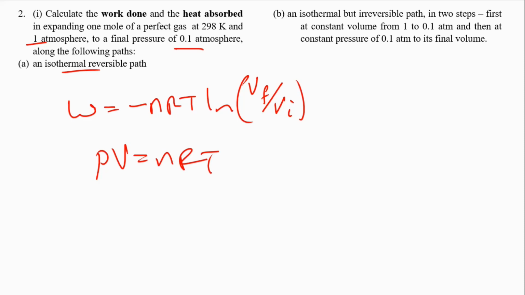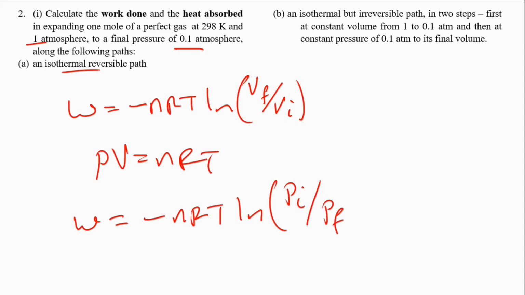However, why do so much work when we could easily say work is equal to minus nRT ln P initial over P final. Just work with this one. It's easier because we don't have to convert the pressure values, and we don't have to calculate the corresponding volume values.